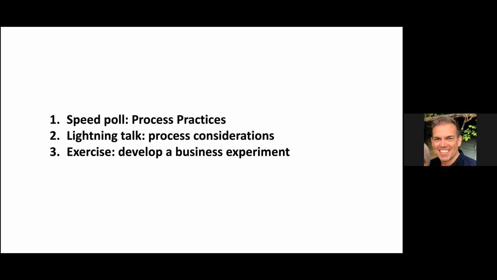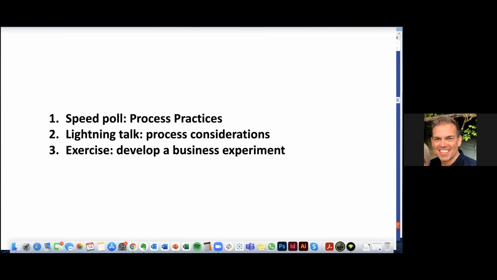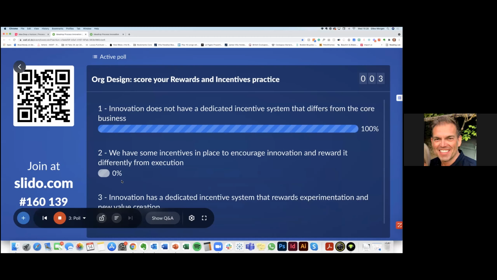So you should see a link in the chat of Zoom. If you can go and click on that link, and then start answering those questions, the results should be on the screen as you go through these questions.